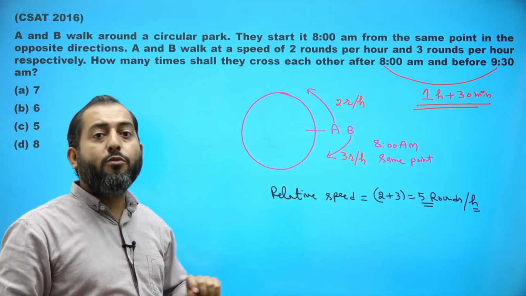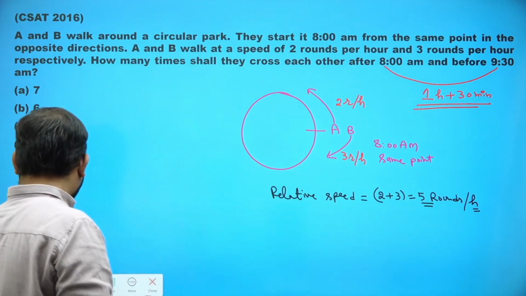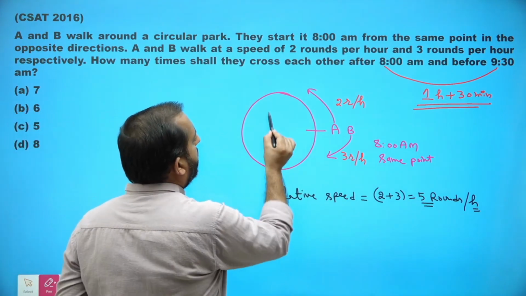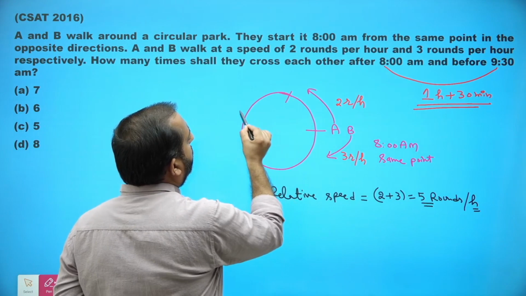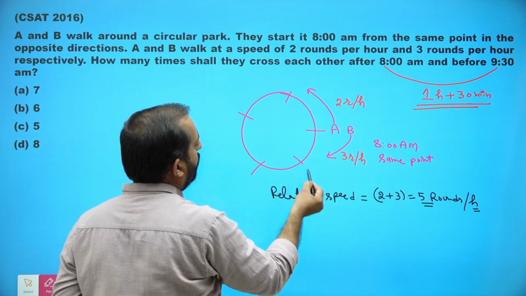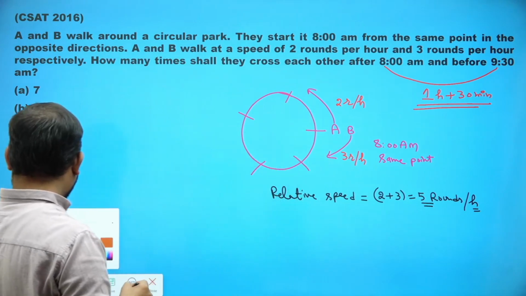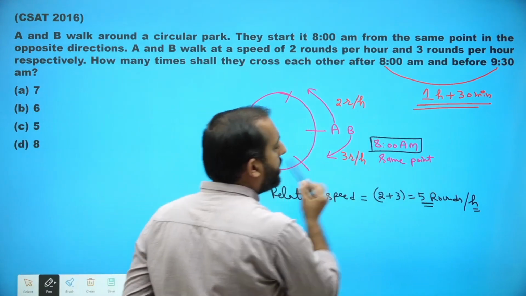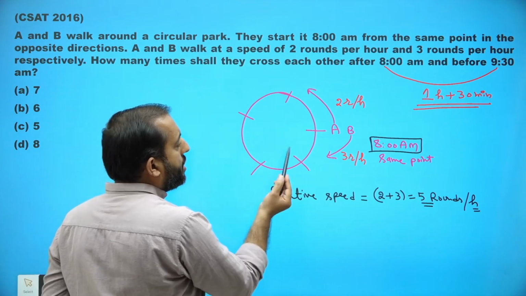Covering 5 rounds in one hour, what does it mean? Suppose you divide this circle into 5 equal parts: 1, 2, 3, 4, 5. They have started at the same time. So try to understand.